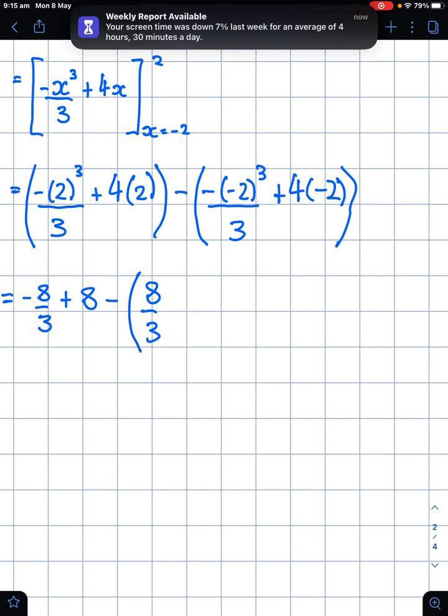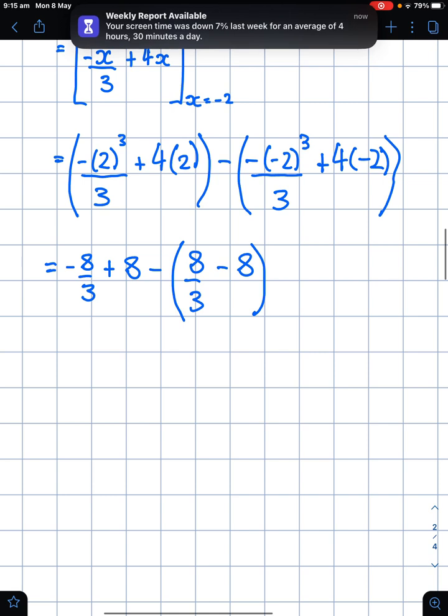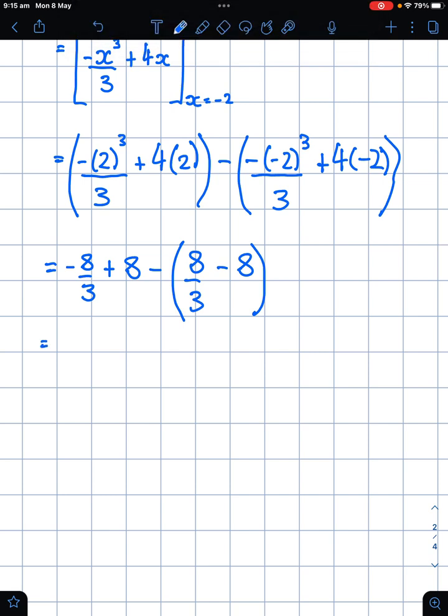And then I've got take 8 here. So putting them out, I'm going to have negative 8 plus negative 8 take 8, which ends up with negative 16 on 3. 8 plus 8 is going to give me 16.